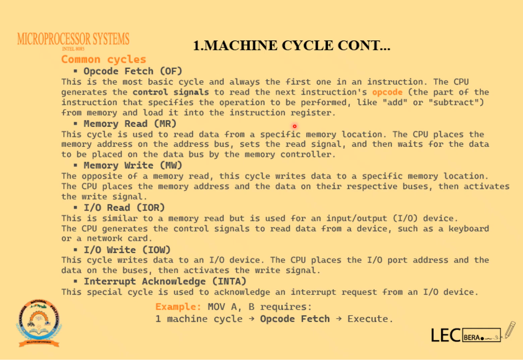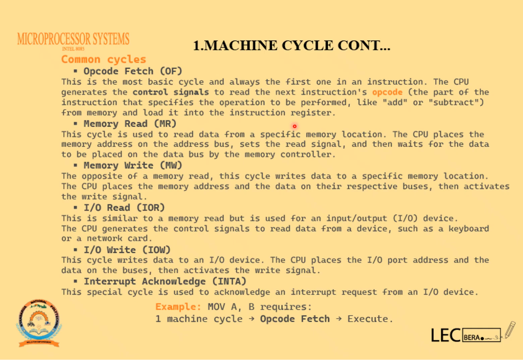And then we have interrupt acknowledge cycles. These are very special machine cycles, used to acknowledge an interrupt request from an input output device. Remember, the microprocessor can be interrupted by the input output devices when they want to exchange data.